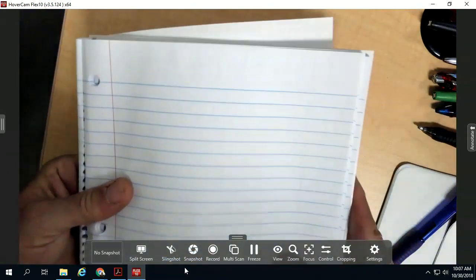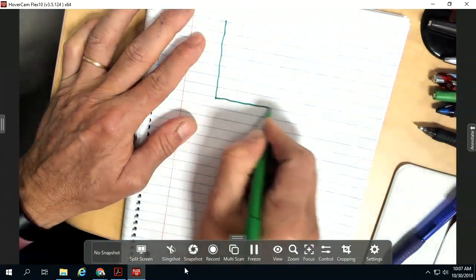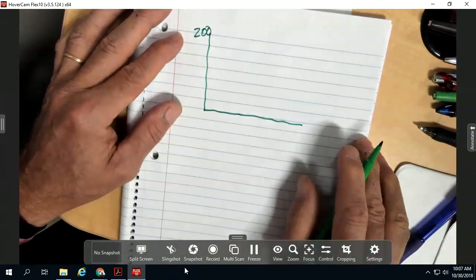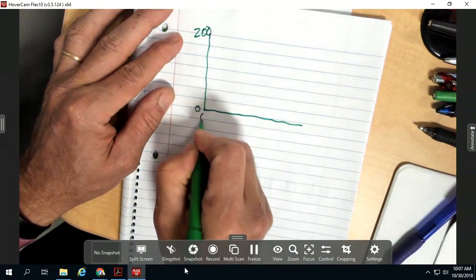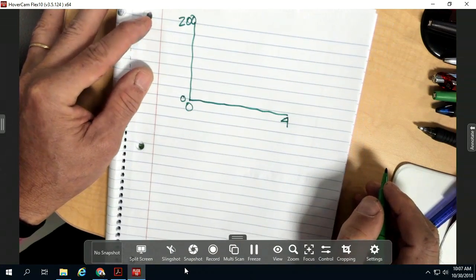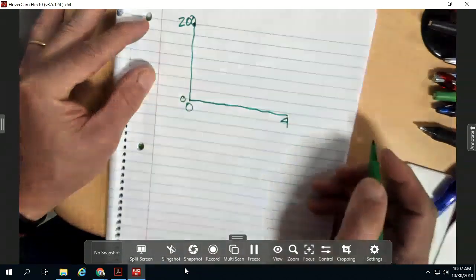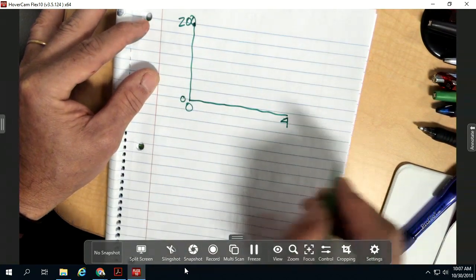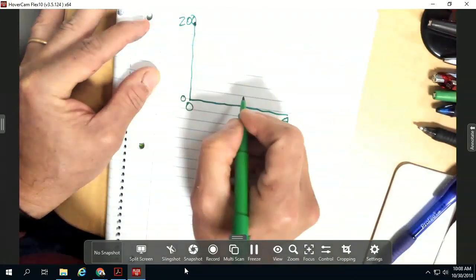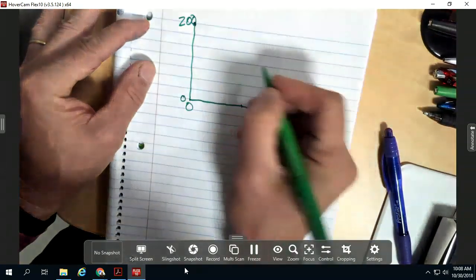Produce a graph for S of t on the first grid. We don't have to go any higher than 200 feet. This will be 0 feet. This will be 0 seconds. If we go over here to 4 seconds, that's far enough. And we notice at 0 seconds, it's at 200. At 2 seconds, that'd be about right here, it's at 136 feet, right?